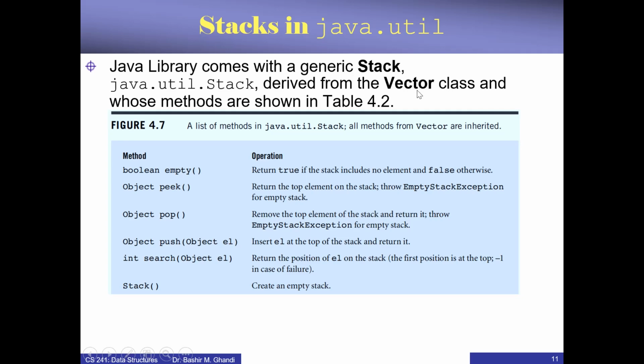And as we know, when a subclass extends a superclass, it automatically inherits all the methods of the superclass. Therefore, this Java stack actually has more than these methods. It has all the methods of the Vector class as well.